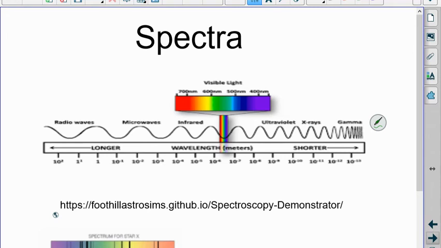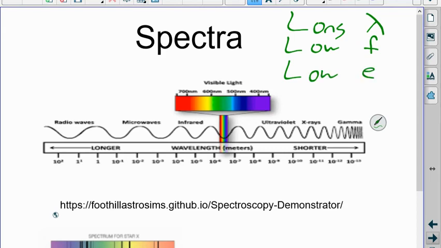Then we got to spectra, and I would say make sure you remember the 3 L's, that if you have a long wave, you have a low frequency and low energy.